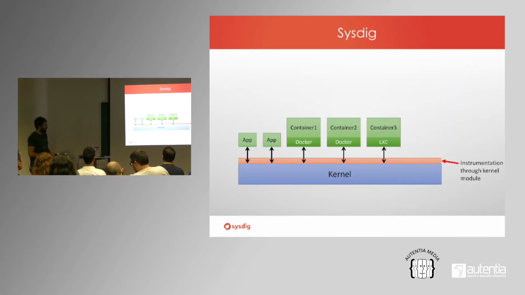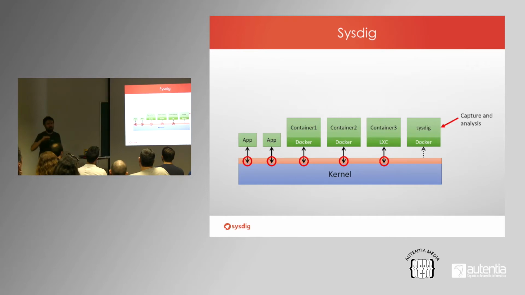Because we have quite a technical audience today, I put some extra details. It doesn't really matter if the application is running directly on the host or inside any of the container technologies: Docker, Rocket, LXC, whatever it is.